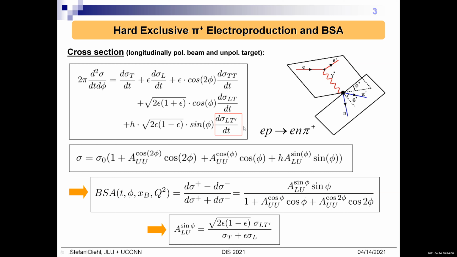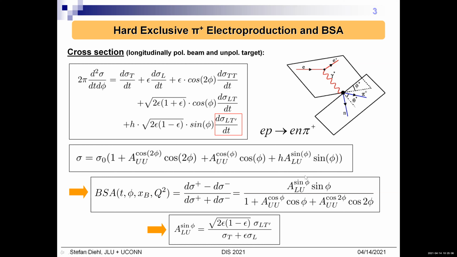And to define the beam spin asymmetry, we first write the cross-section in a slightly different way by substituting the terms in front of the φ dependence of the cross-section by the three moments, A_UU^cos2φ, A_UU^cosφ, and A_LU^sinφ. Based on this definition, we can define the beam spin asymmetry as the difference of the cross-section with the two helicity states divided by the total cross-section.